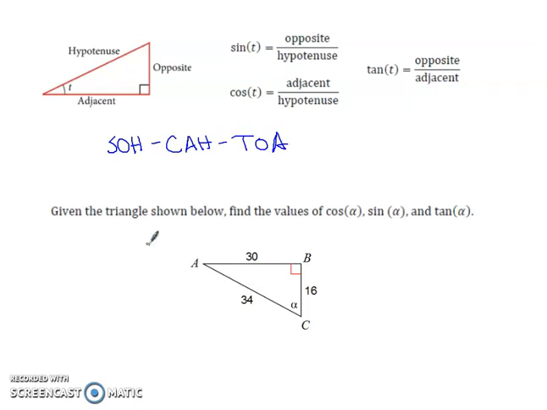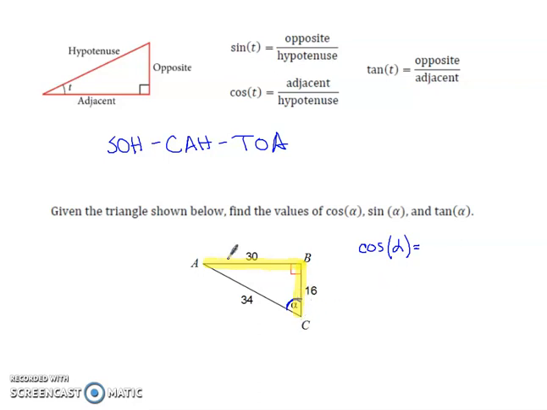SOHCAHTOA. So given the triangle below, I want to find the cosine of alpha. I want the relationship between the adjacent side and the hypotenuse of my right triangle. We have two legs that we can pick from for opposite and adjacent, and those are the two that are attached to your 90-degree angle. One of them is opposite and one of them is adjacent.